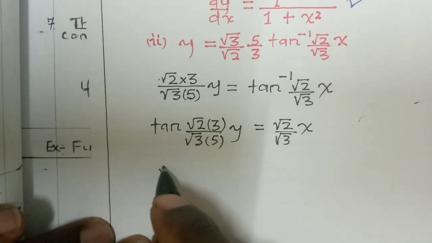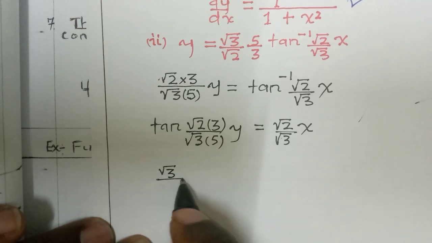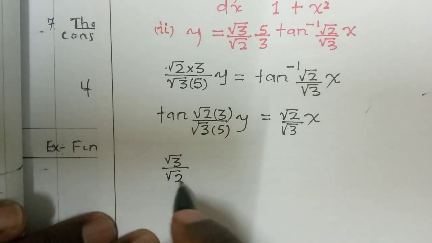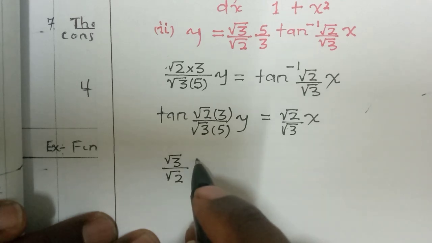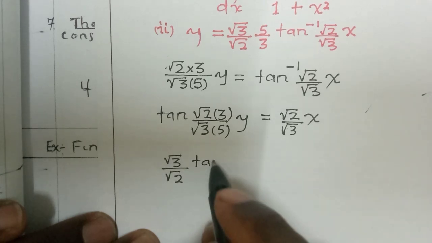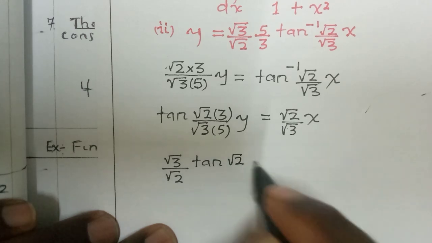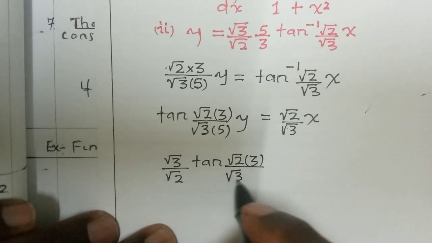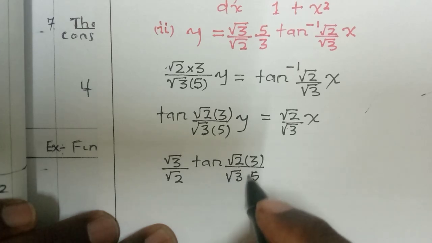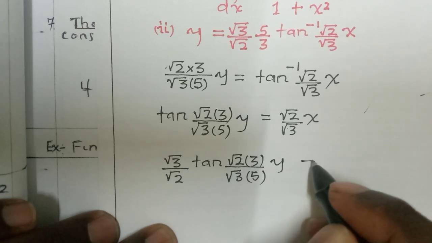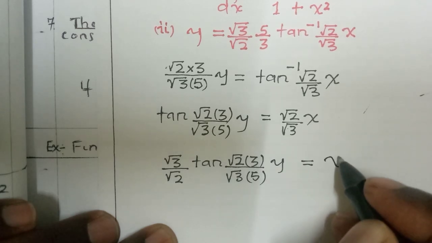So we'll have square root of 3 over square root of 2, then we have tan of square root of 2 times 3 over square root of 3 times 5 y, and that is equal now to x.